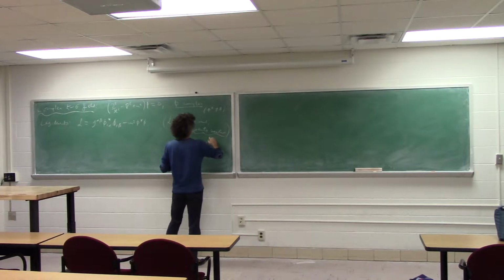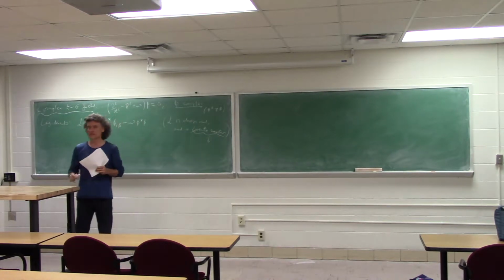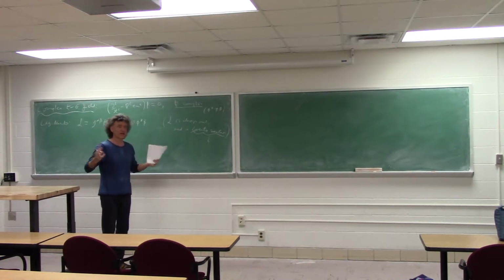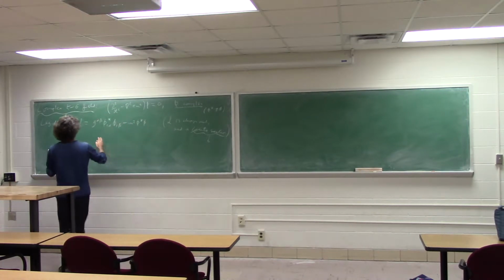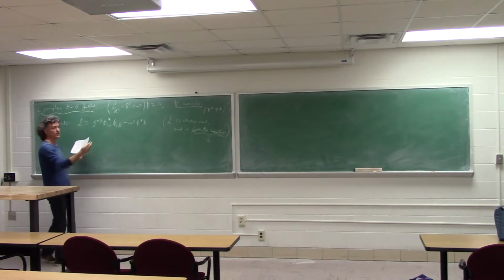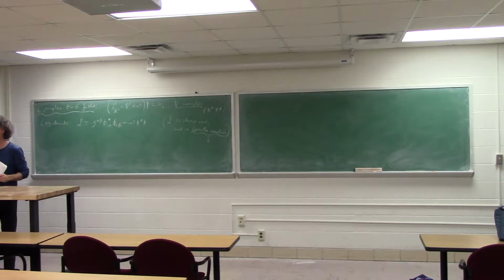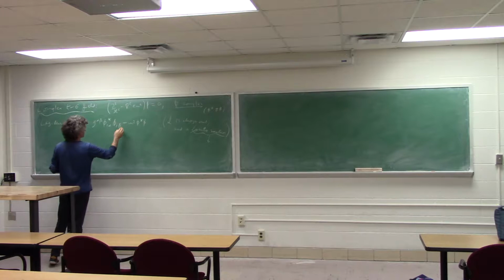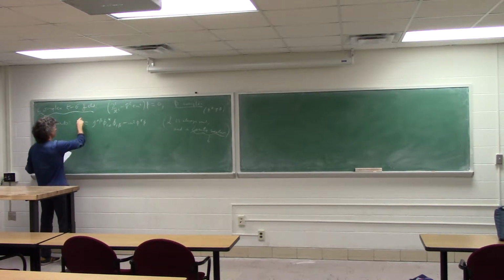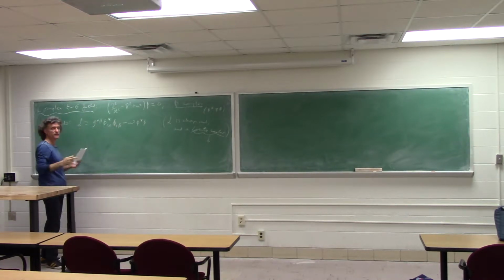There is a theorem that if the Lagrangian density is a Lorentz scalar, then you are guaranteed. When I say it's a Lorentz scalar, I mean if you do a Lorentz transformation to a moving frame, then this transforms as a scalar.